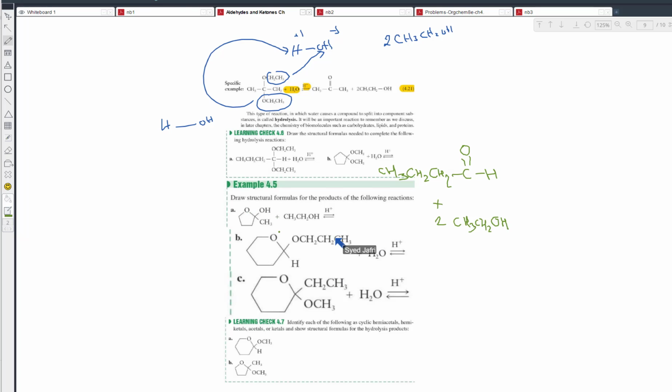No, it's not going to open because you have a hemi. When you react with alcohol, the hemi will become the full thing. Yes, you're right. This pair would go and replace the OH, and the OH will go with H to give me the water in addition to it.